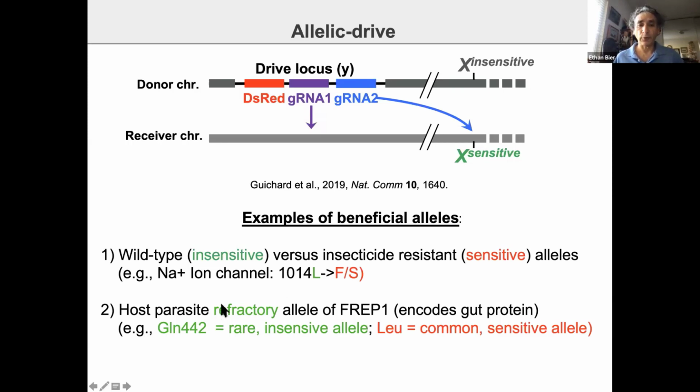So you'd prefer the refractory phenotype over the susceptible phenotype for the parasite, and you prefer the susceptible or sensitive phenotype for insecticide resistance for that trait.